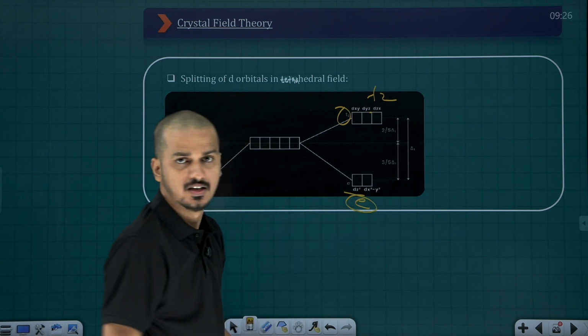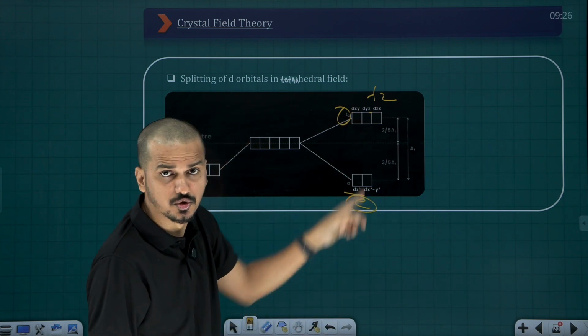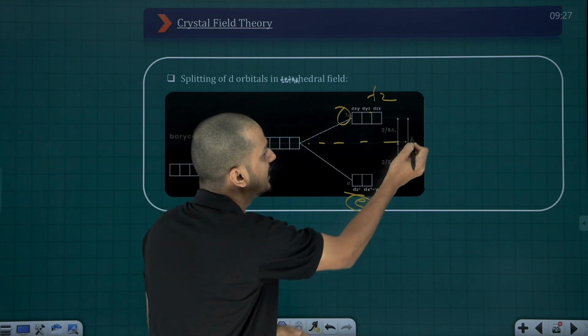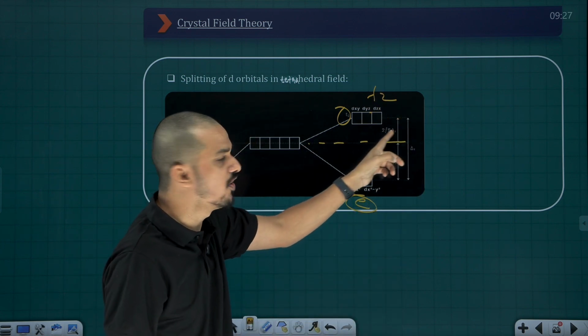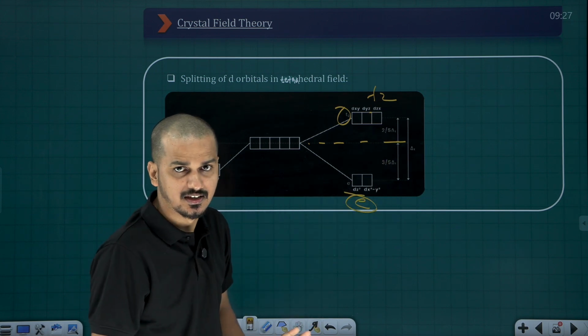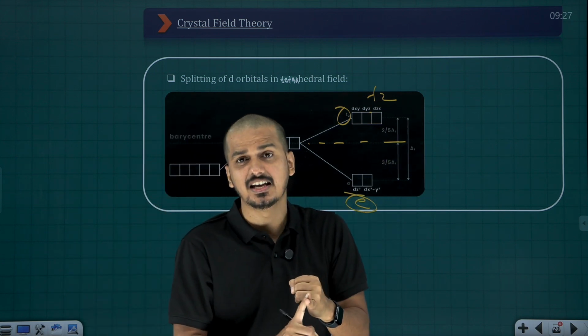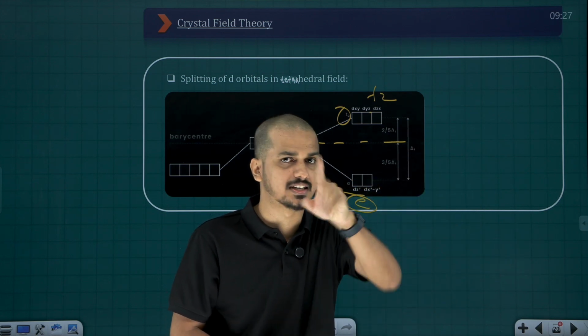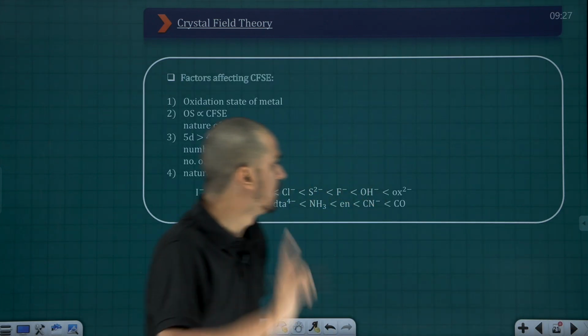That is E. The energy difference between E and T2 is called delta T. From the barycenter to T2 is always 2/5 of delta T, and from the barycenter to E is 3/5 of delta T. And comparing delta O and delta T, delta O is always greater than delta T. That idea also you have to remember. You already remembered, I hope so.